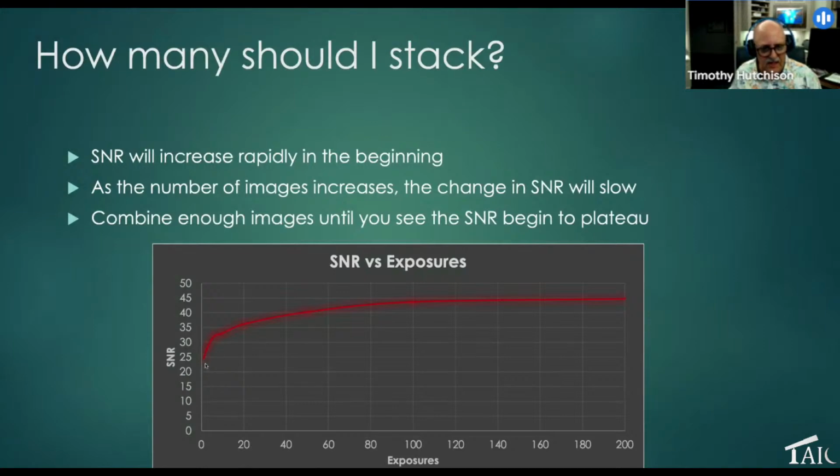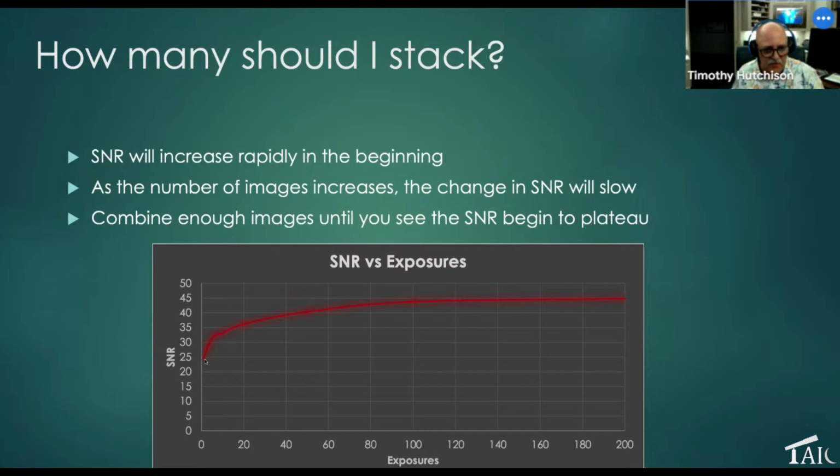If we look here in the beginning, when I go from 1 exposure to, say, 10, my signal to noise ratio was changing dramatically. Remember, the signal to noise ratio is signal divided by noise, and it's a measure of how well we're measuring our target object signal, right? So this thing is going up really quick.